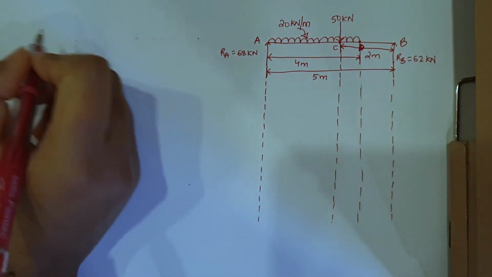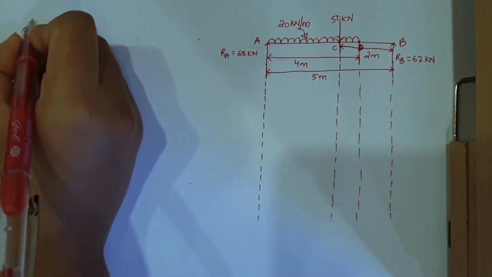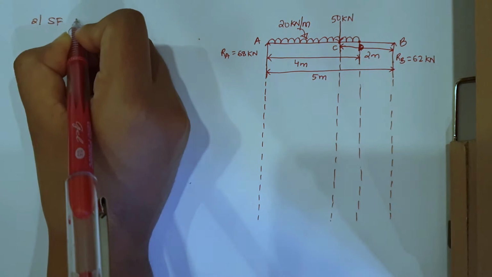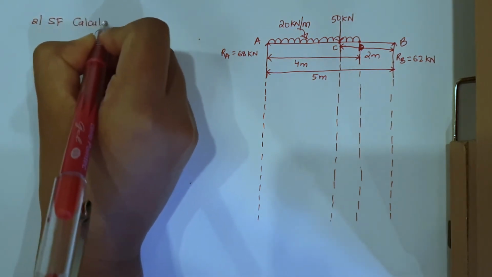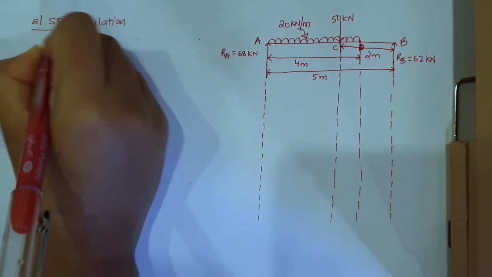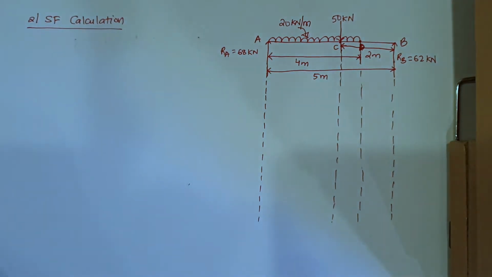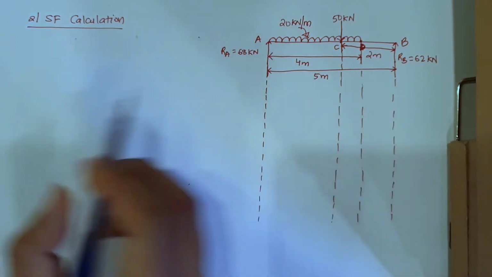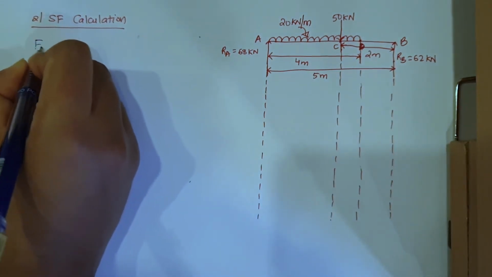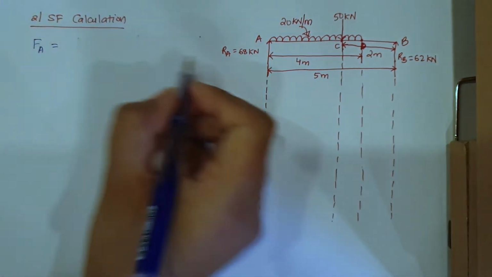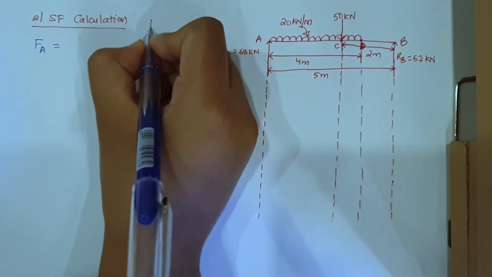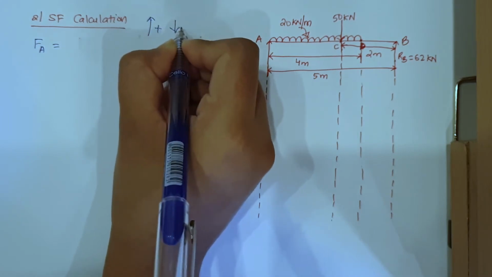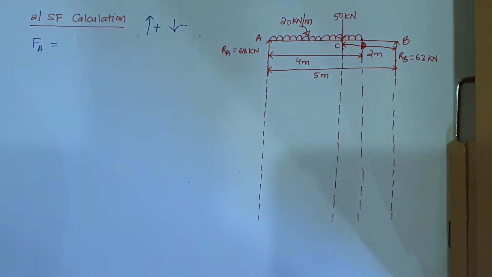Now let us find the shear force. Number 2, shear force calculation. Okay, so for shear force we have found reactions RA and RB, right? Now from here, the force at A will be equal to, now whatever force is going from bottom to top is plus, top to bottom is minus, right?